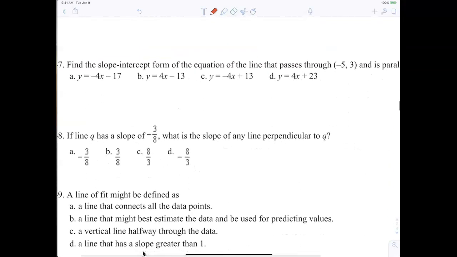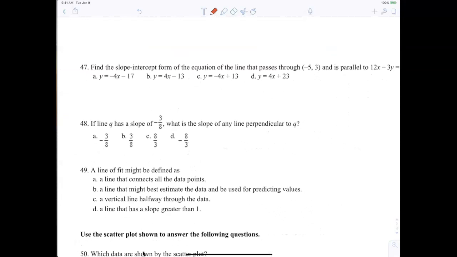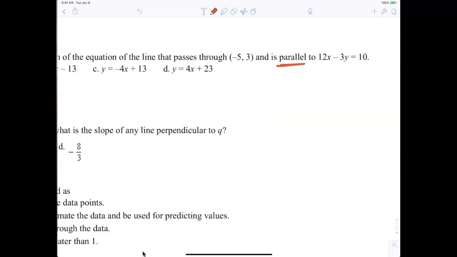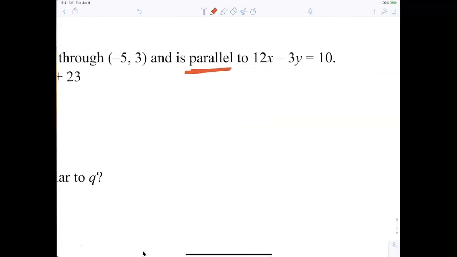All right, find the slope intercept form that is parallel. If something is parallel, it has the same slope. So I have to find the slope here. 12x is equal to 3y plus 10. Subtract 10, 12x minus 10 equals 3y.